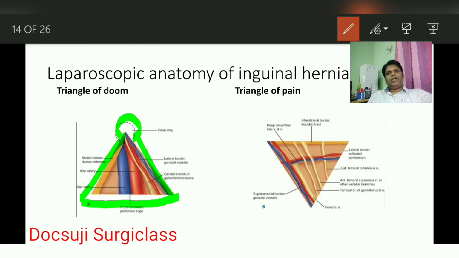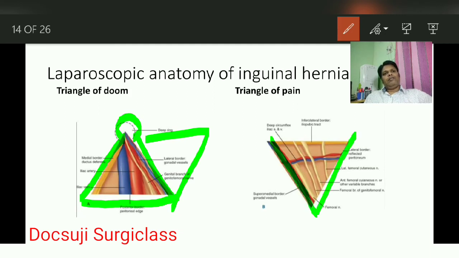Just adjacent to that you have another triangle, that is called the triangle of pain. Again you see the medial boundary is the gonadal vessels, laterally the reflected portion of peritoneum, and above the iliopubic tract. What are the contents of this triangle? In the triangle of doom, the contents are the external iliac artery and vein.